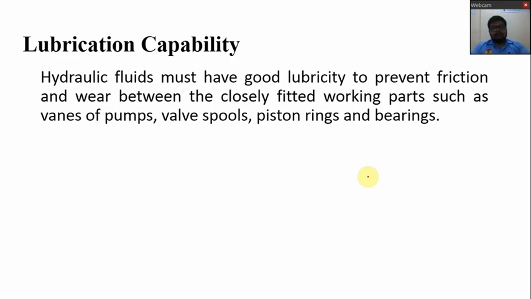We have seen in the first unit the difference between the hydraulic and pneumatic circuit, that in pneumatic circuit we require a separate lubricating agent, while here in the hydraulic circuit the working fluid itself will work as the lubricant. So the lubrication capability of the working fluid must be there, so that we do not require any other separate lubricating fluid.